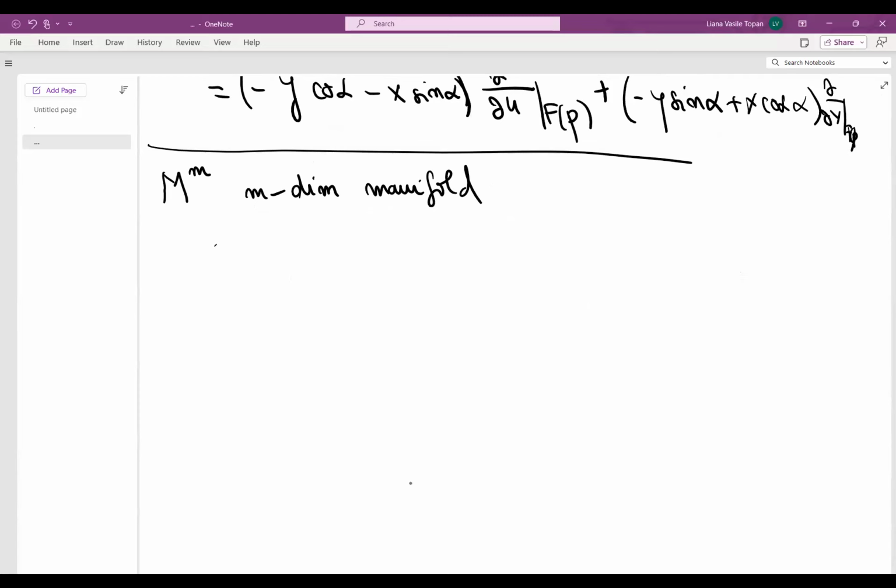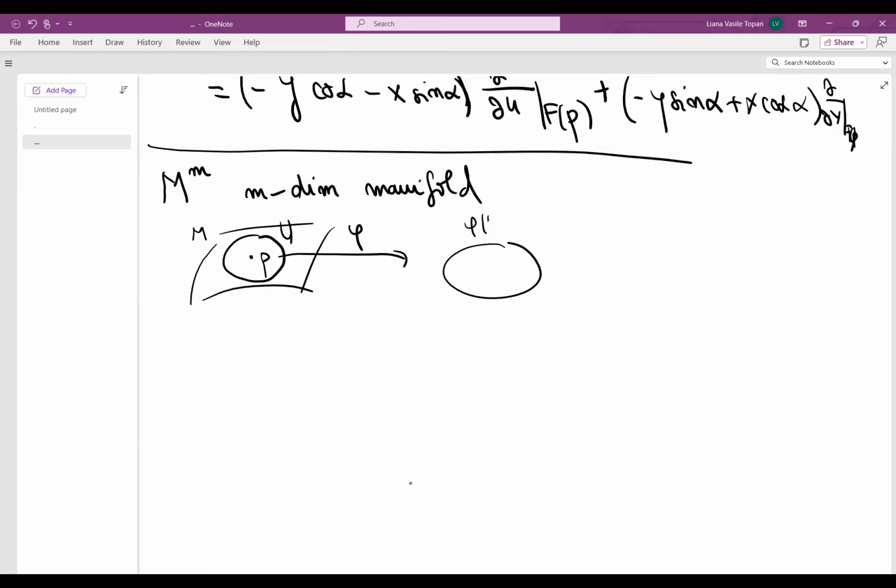By locally Euclidean, we mean that around every point P, we can find an open neighborhood together with a homeomorphism that takes that open neighborhood of P into an open subset of R^n.